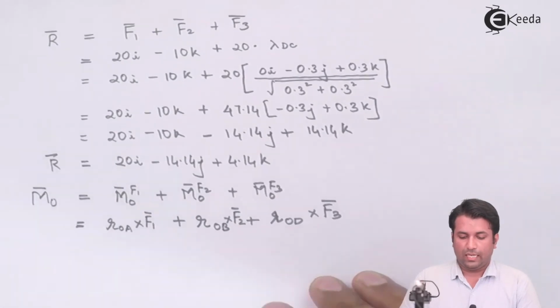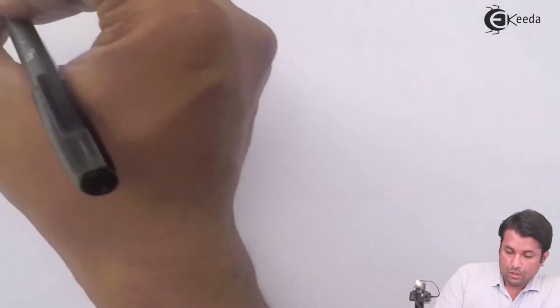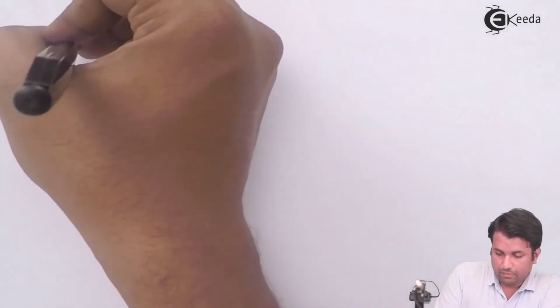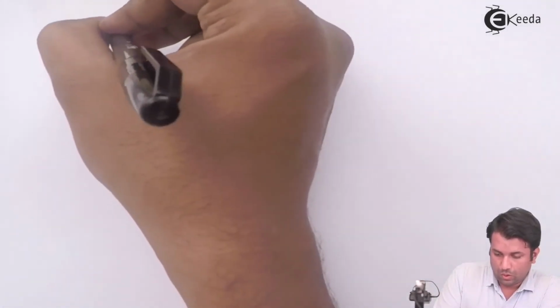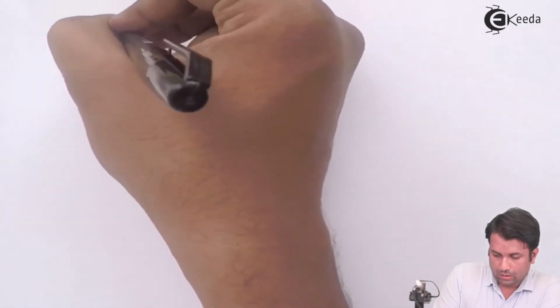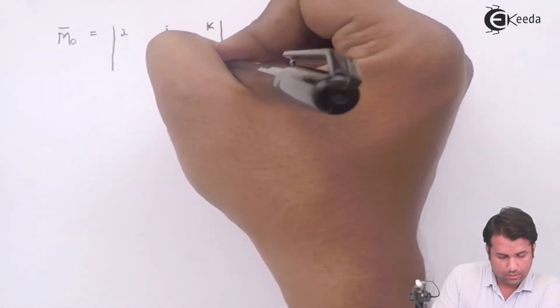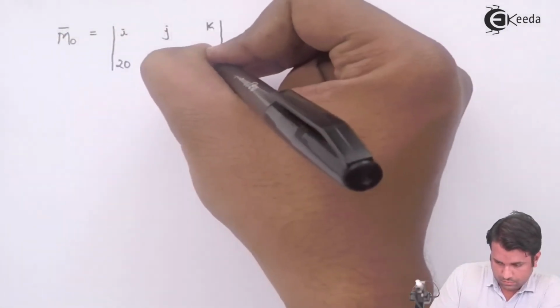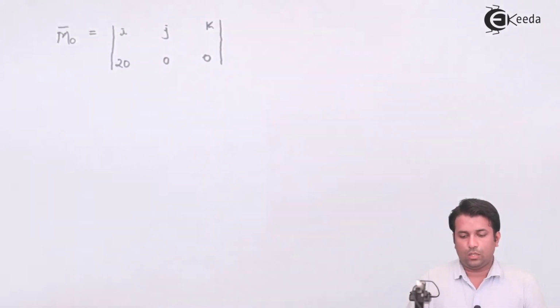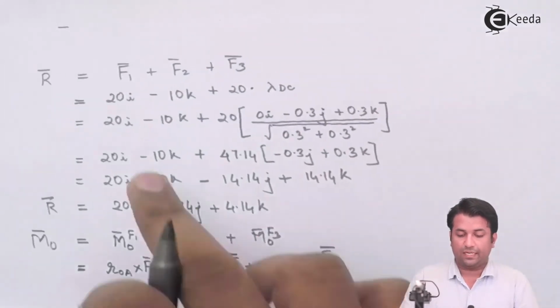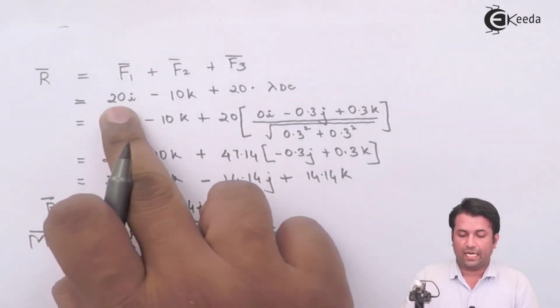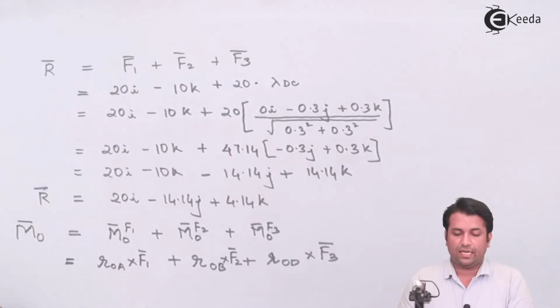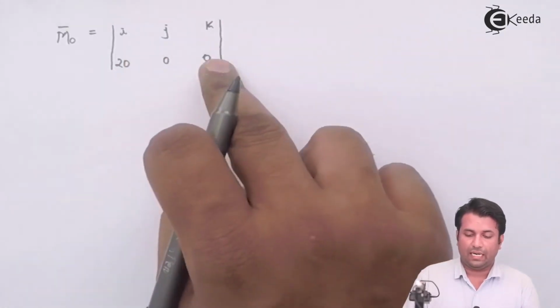So now I'll write down the cross products over here to get the net moment about O. The force vector F1 is nothing but 20 i. I don't have the j and k components, so I won't write those.